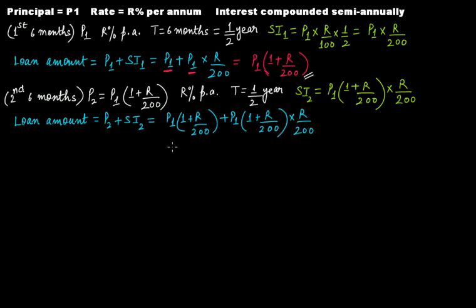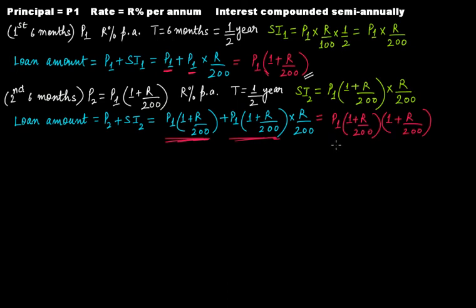Now this P1 multiplied by 1 plus R by 200 is common in both these two terms. So this can be written as P1 times 1 plus R by 200 multiplied by, so if we take this common, this will be 1 plus R by 200, right? If we take this common from this term, you'll have 1, then plus sign, then you're left with this R by 200. Again, distributivity of multiplication over addition, right?